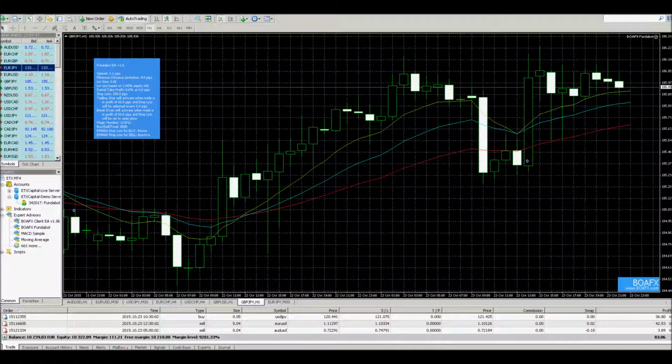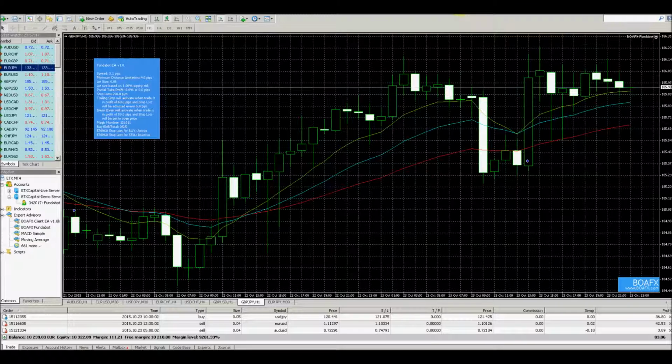What you can see in front of you is my VPS platform with the Fundabot installed on it. You get the instructions for doing all that when you purchase the robot. Let me minimise that for a minute, because what I want to talk to you about is how easy it is to set this up.